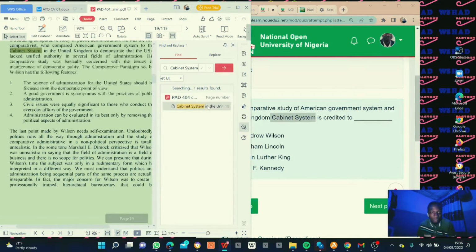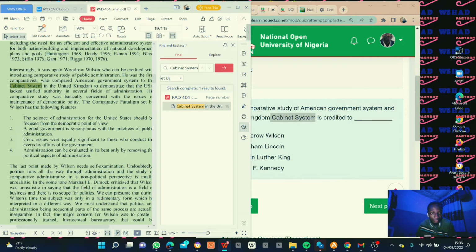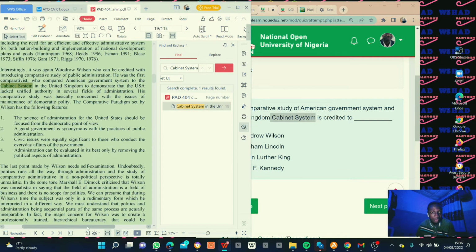Let's search. Okay, we have one result. Let's scroll up a bit and let's see. Oh, interesting. It was the first comparativist who compared the American government system to the cabinet system in the United Kingdom to demonstrate the USA's lack of unified authority in several fields of administration.